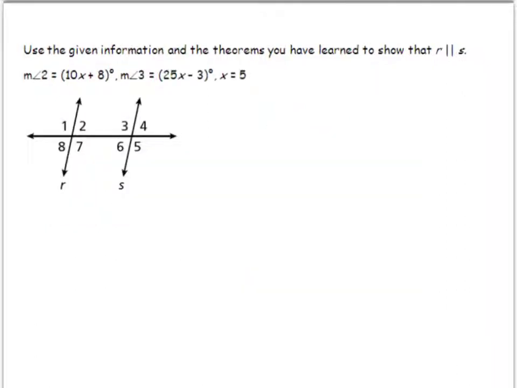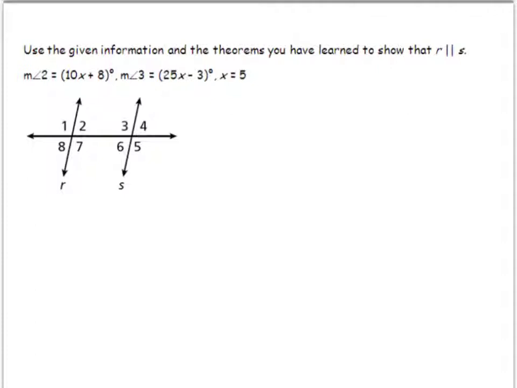So in this example, we're going to use the given information and the theorems that you have just learned to show that lines R and S are indeed parallel. They give us that angle 2 is 10x plus 8, and that angle 3 is 25x minus 3.